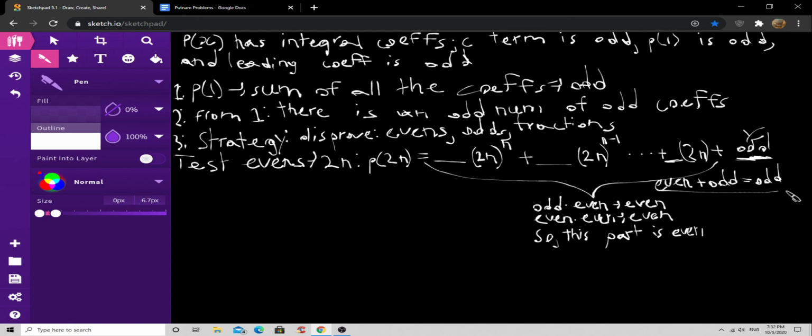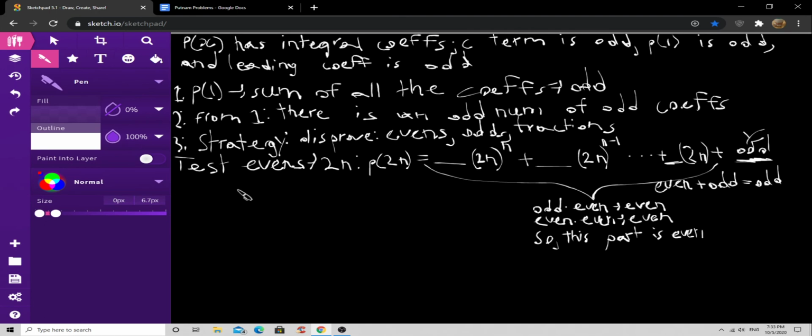Okay, so there we go. So we've just shown this is a contradiction here because 0 is not odd, right? So essentially we've shown that this can't be equal to 0. So as a result, no even number is a root of this polynomial.